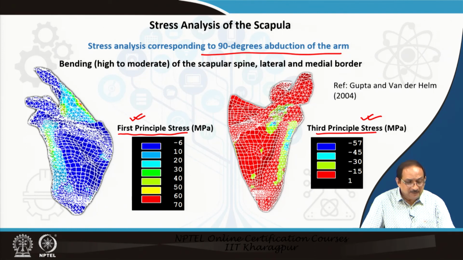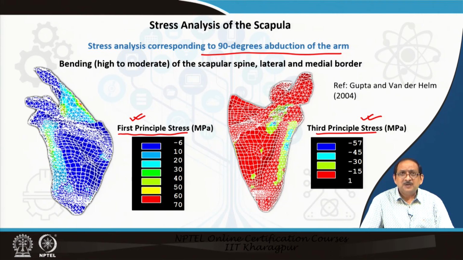We observe high tensile and compressive stresses generated on either side of the scapular spine, lateral border, medial border and acromion, which indicates bending of these structures.